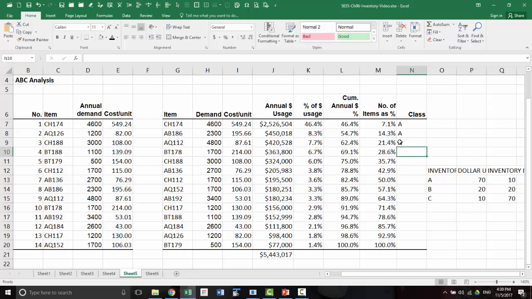Because if you have that as A, you get to 20% of items, and that gets us closer to the 70%. And if you look at the dollar usage, this is closer to an A item than to a B item. So maybe you should include that as A. That's the kind of compromise you have to come up with.